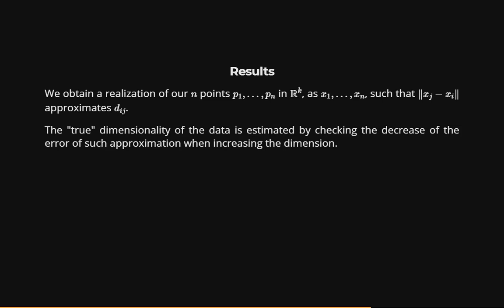Now, how do you decide which k to use? Well, you look at how bad the approximation is. For each k, you look at how bad the approximation is. And when this error drops down dramatically, there is the true dimension of your data set.